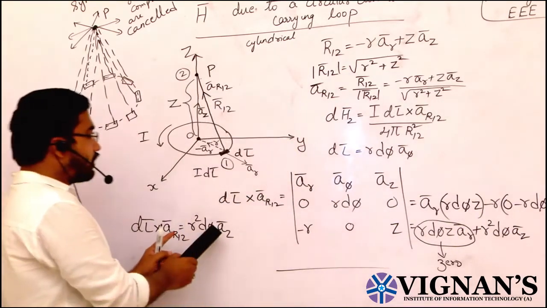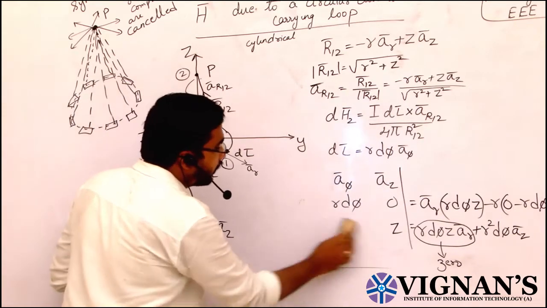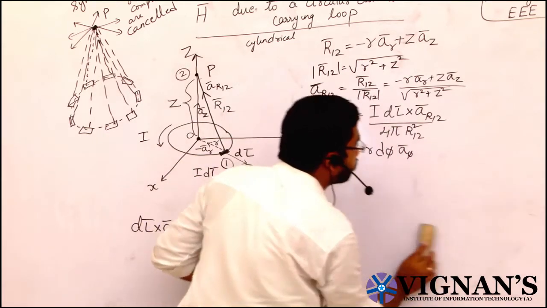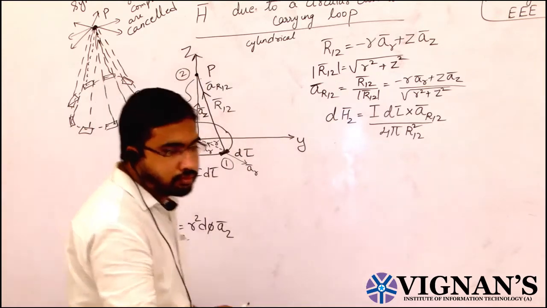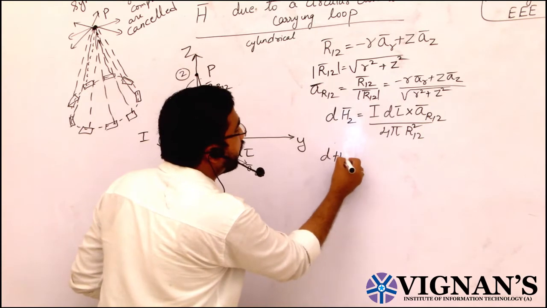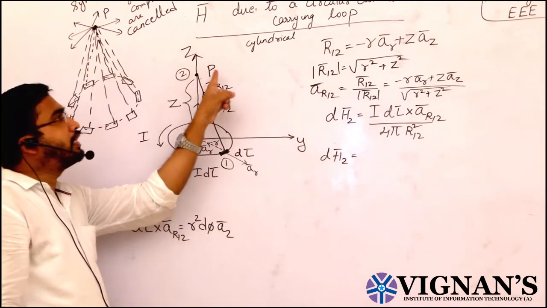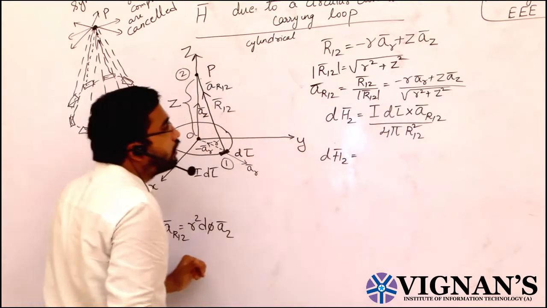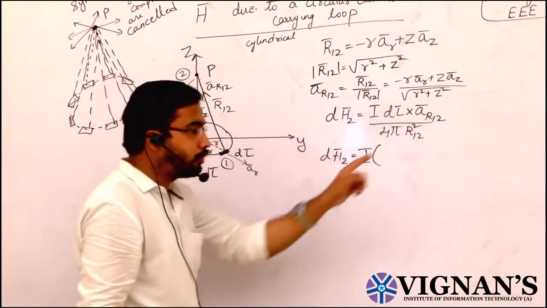Now if you substitute this value here, then we can find the differential magnetic field intensity. Now consider this formula. Differential magnetic field intensity dH2 at point 2, that means at point P, due to this differential length, is given as I into what is dl bar cross aR12 bar value?